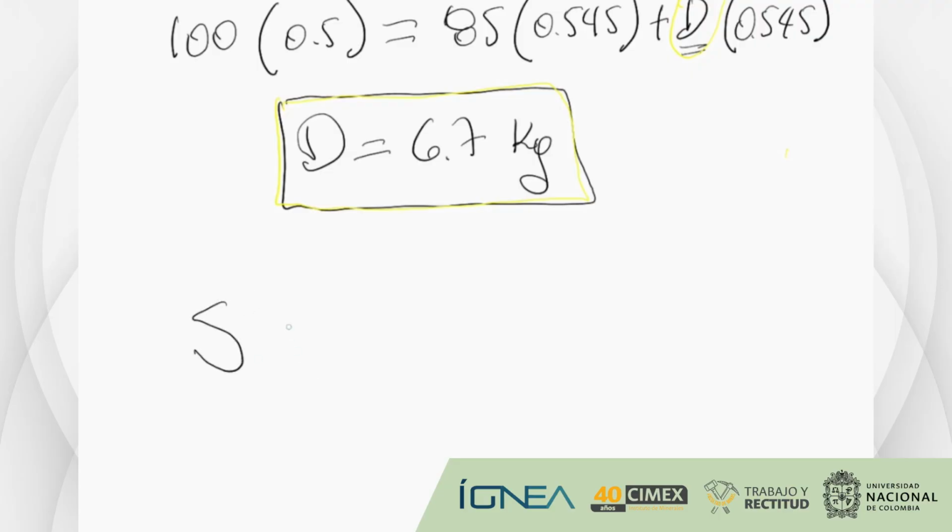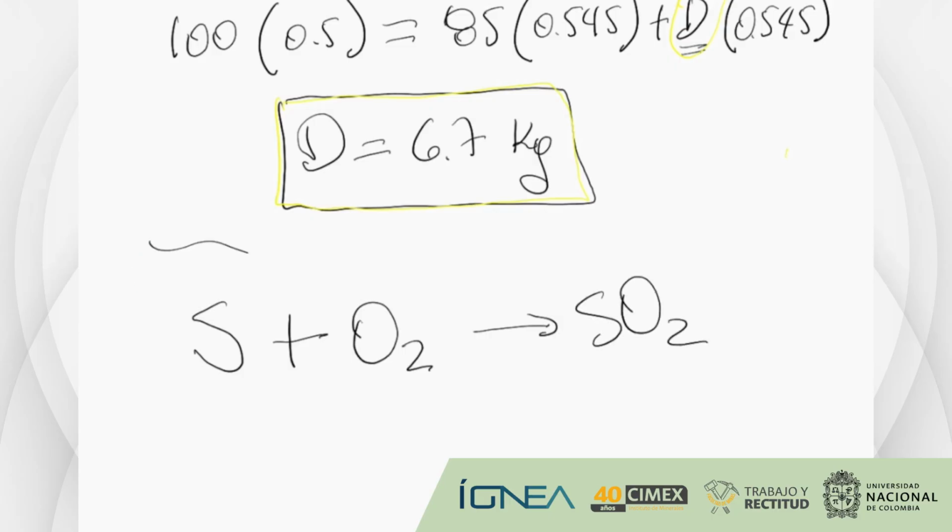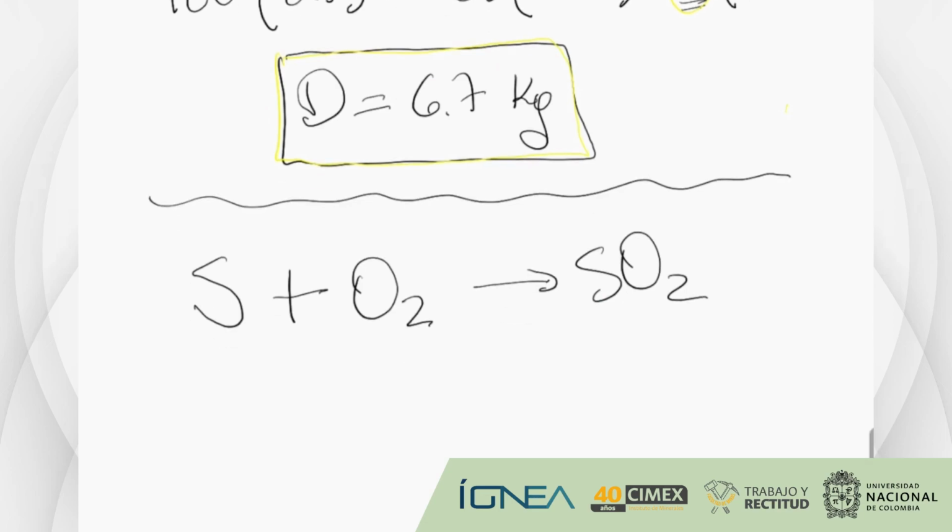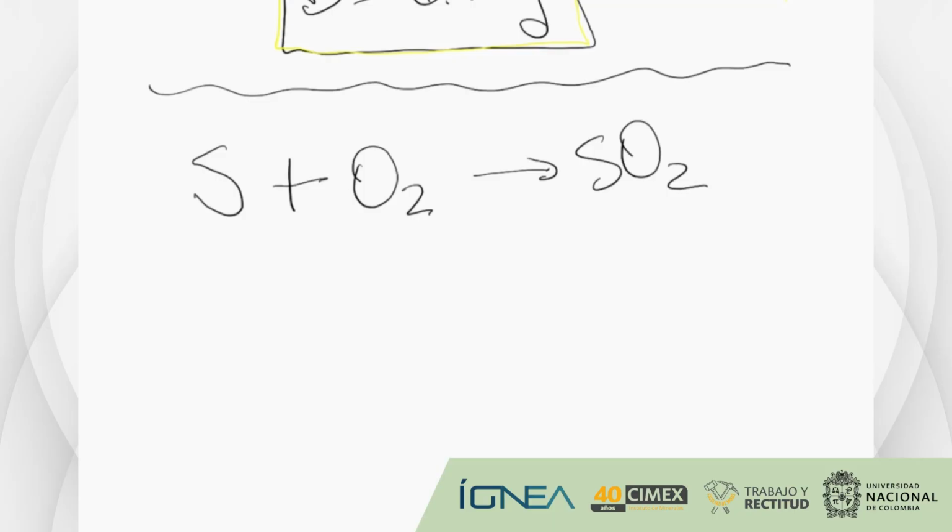Sulfur plus oxygen gives SO2. One mole of sulfur reacts with one mole of oxygen in order to obtain one mole of SO2.